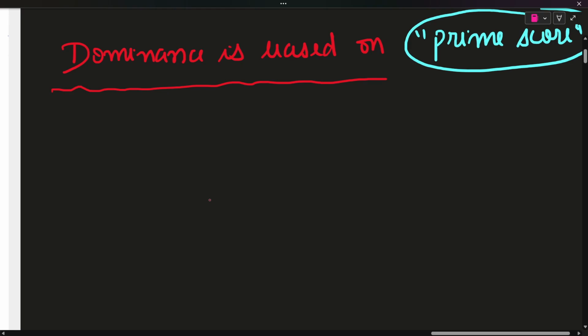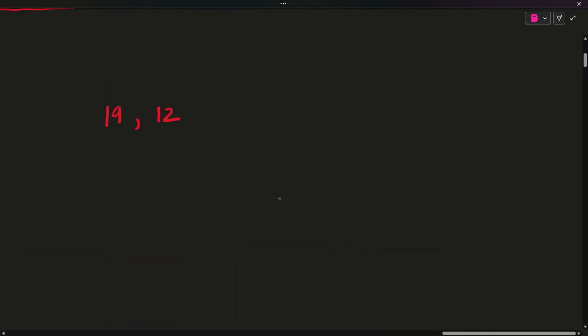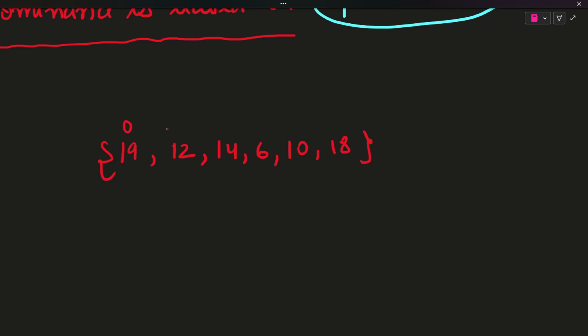So the numbers are 19, 12, 14, 6, 10, and 18. Their indices are 0, 1, 2, 3, 4, and 5.